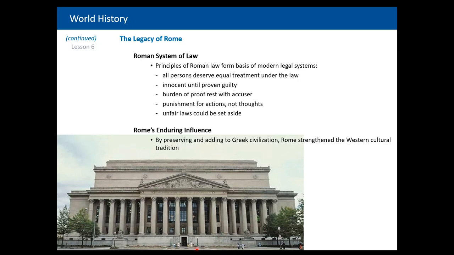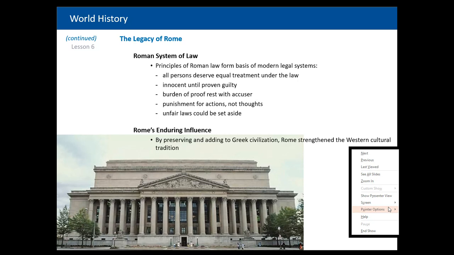And here again is a picture of the Library of Congress, and you see the Roman architectural influences in the design of the building. I'm going to turn off my pointer here.